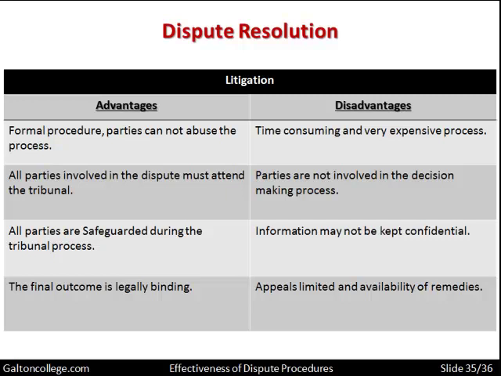That may happen, but again, it's a long process. It's an expensive process, and the costs and disadvantages of lodging appeals have to be measured against the likely advantages of so doing.